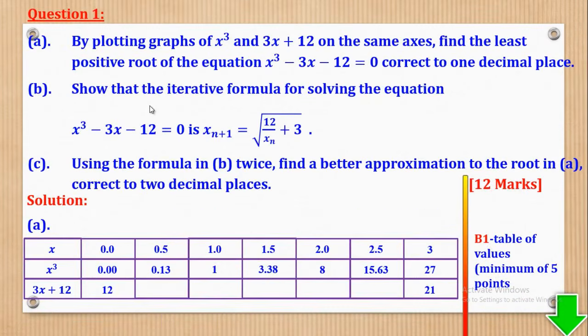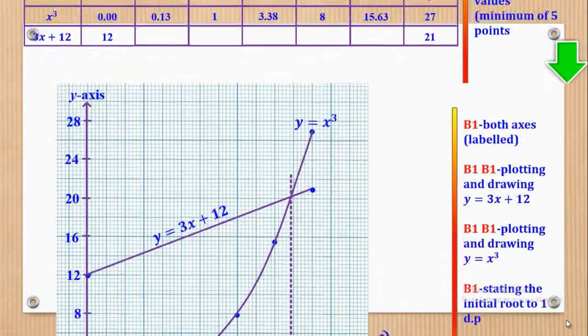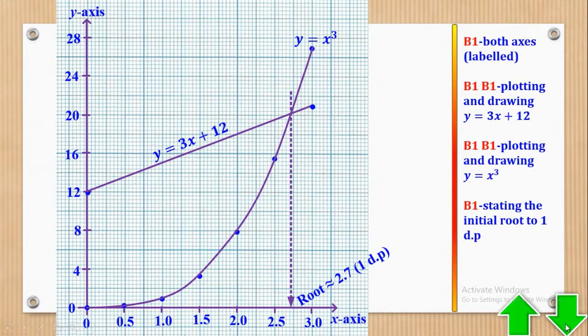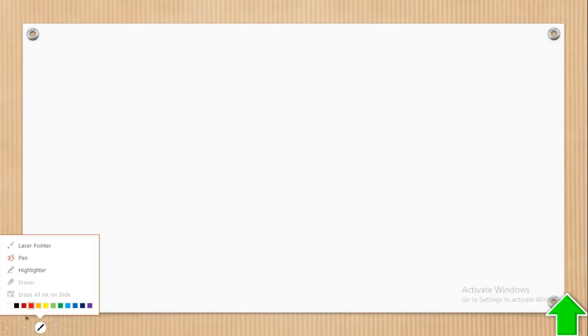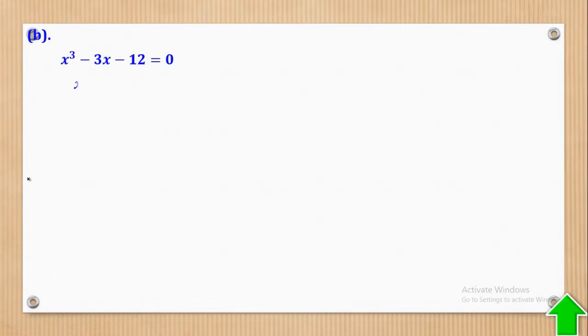So part B, they said show that the iterative formula for solving the equation this is that. So that is a given equation.